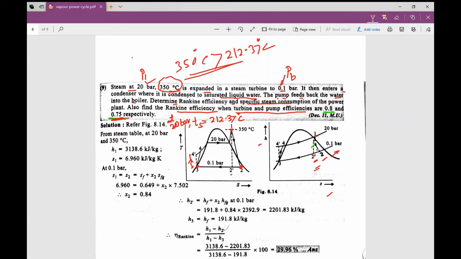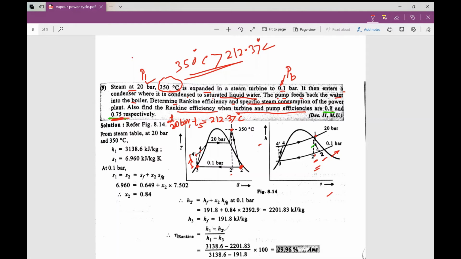So actually, due to friction developed in the turbine and pump, these points are shifted, where heat is produced and henceforth the temperature gets increased. So temperature is increased from 4 dash to 4, right?